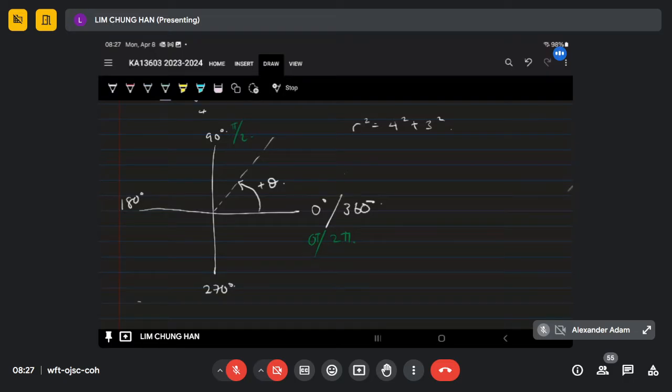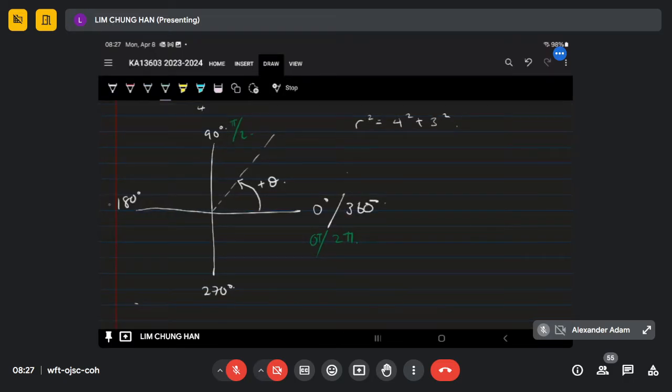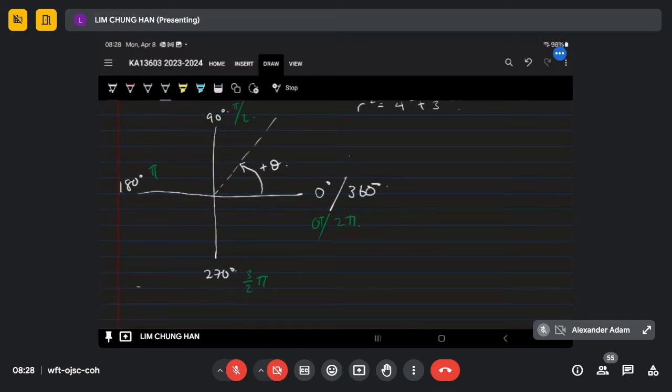So 180 degrees is how many pi? 1 pi, right? 270 degrees is how many pi? 3 over 2, right? You check. Yes.